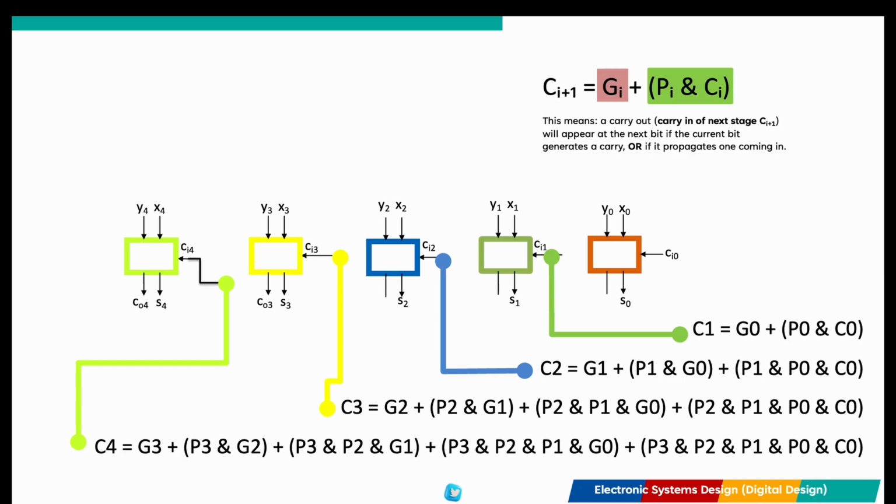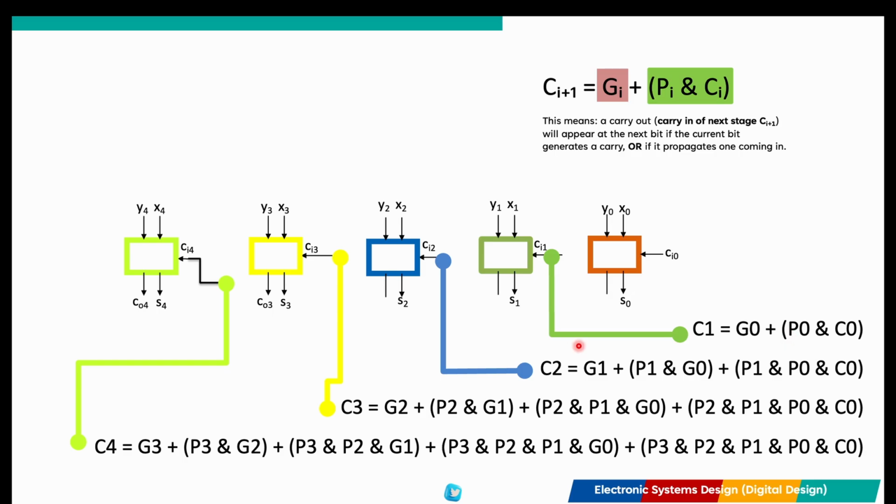Using generate and propagate signals, we can write a series of recursive equations that predict the carry for every single stage simultaneously. For the first bit, carry 1, the logic is simple. We have a carry if we generate one at bit 0, or if we propagate the initial carry, P0 and C0. This looks just like our full adder logic.